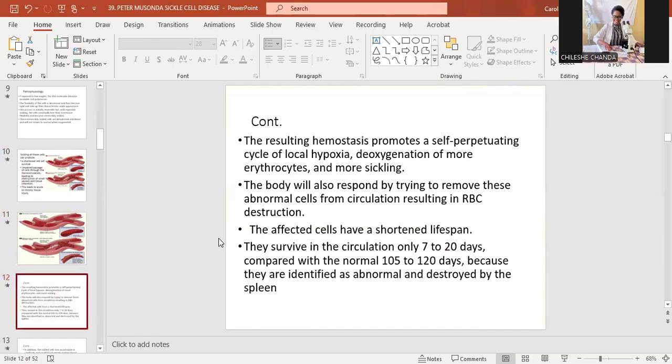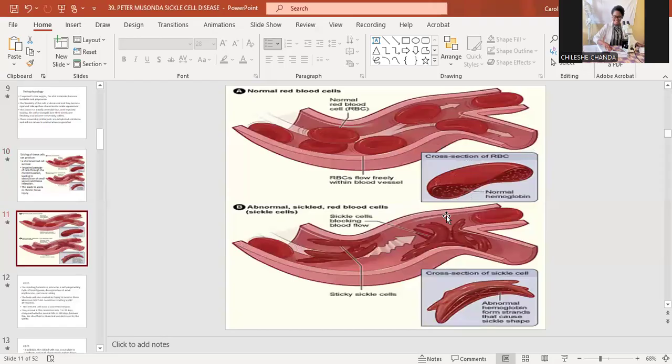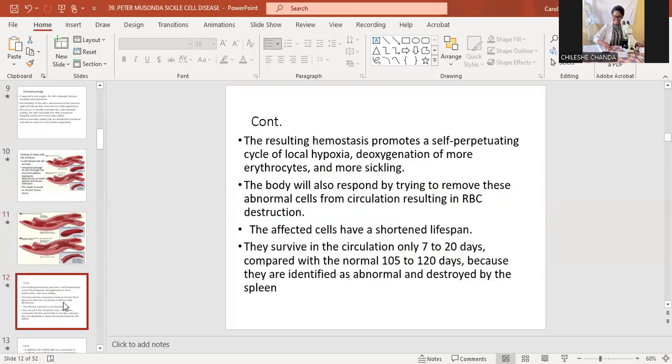Now, the resulting hemostasis promotes a self-perpetuating cycle of local hypoxia. So we're saying that there is going to be stasis of blood in this area. Therefore, the distal portion of this blood vessel is not receiving the blood it is supposed to receive. This results in local hypoxia, deoxygenation of the particular organ, okay?